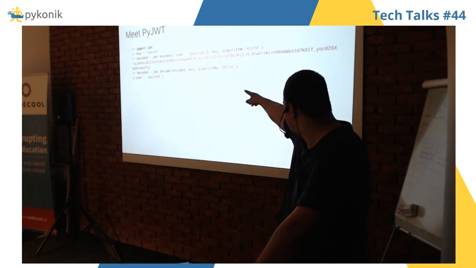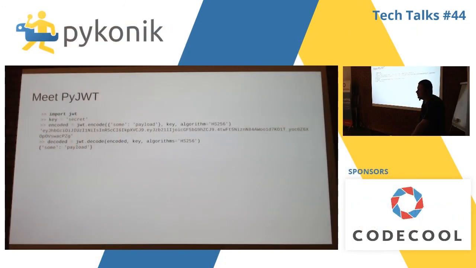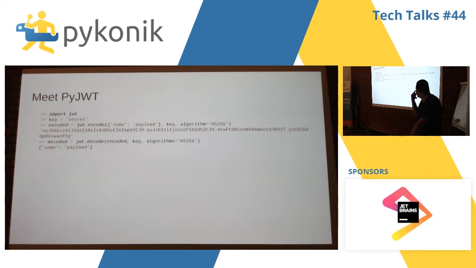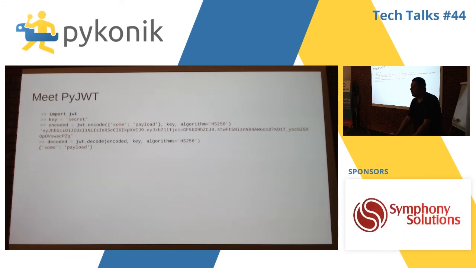So if you set algorithms to none here, it will accept any JSON Web Token that has the algorithm none inside the header. Of course, this algorithm is checked inside the header. So if you specify none there, you have to provide none inside the header of the JSON Web Token.